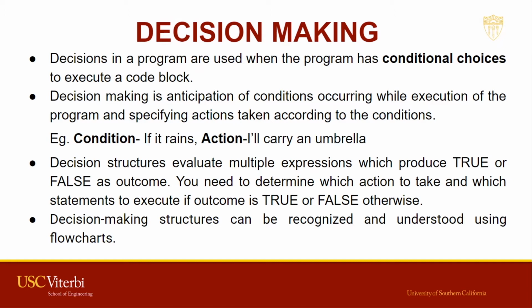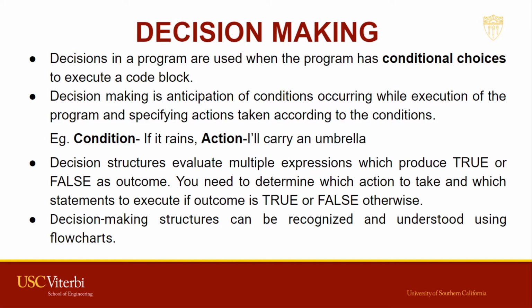We need to determine which action is to be taken and which statements are to be executed if the outcome of the condition is true or false. That is, if the condition, if it rains, is true, I'll carry an umbrella. But if it rains is invalid or does not occur, the consequent action of carrying an umbrella is also invalid.